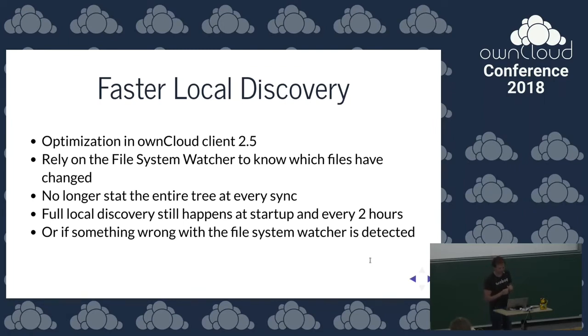But now in 2.5 we rely on the file system watcher, and it will not do that anymore. It will know that there is only this one file which has changed, so it will upload it immediately. And so we no longer scan the tree at every sync, only maybe once every 2 hours, just in case the file system watcher is not working properly.